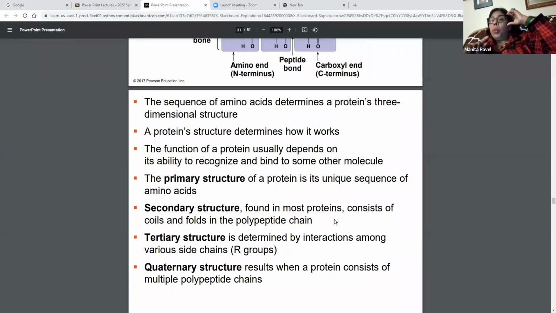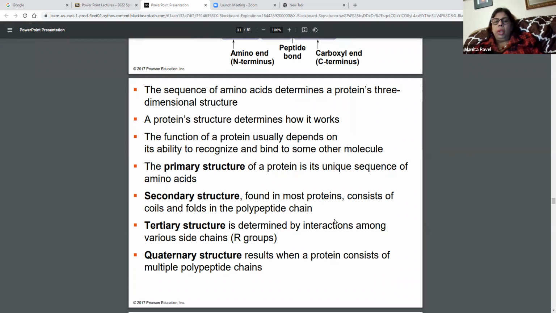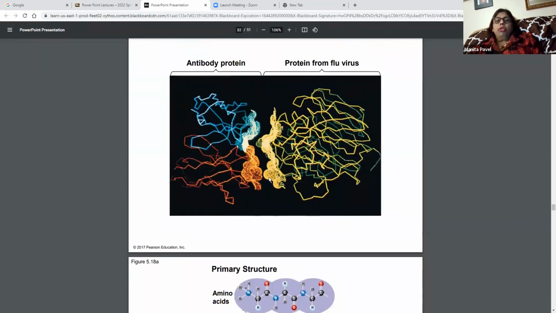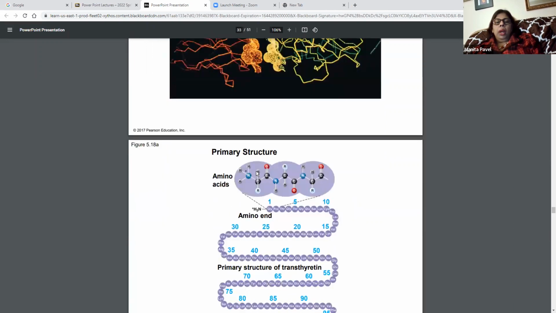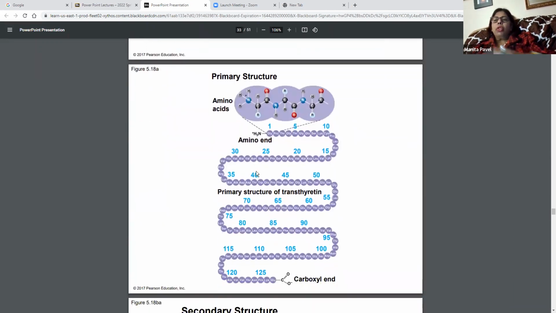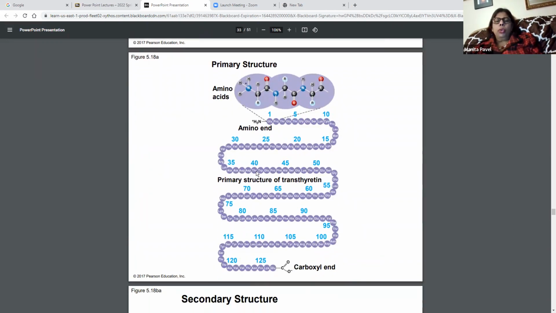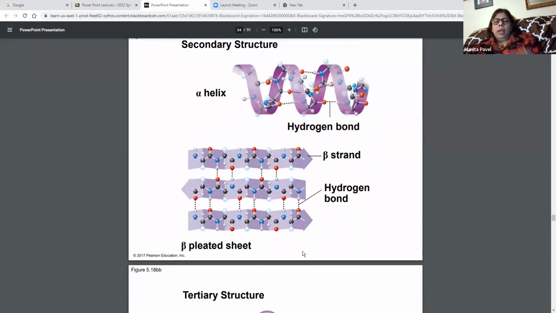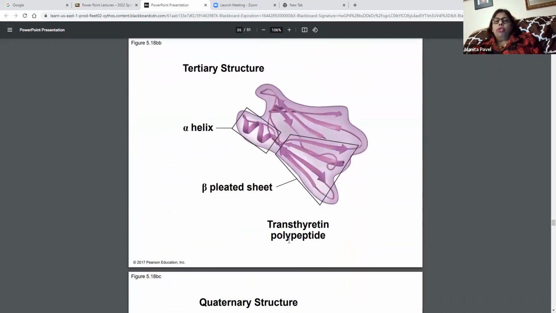But remember, when you think of quaternary structural protein, immediately associate the example hemoglobin protein. That's all you need to know there. And so they're just showing you a protein from flu virus and the antibody protein here. This is primary structure, linear sequence. If you had to open it up, secondary would be this helix with beta chains, beta pleated structures.